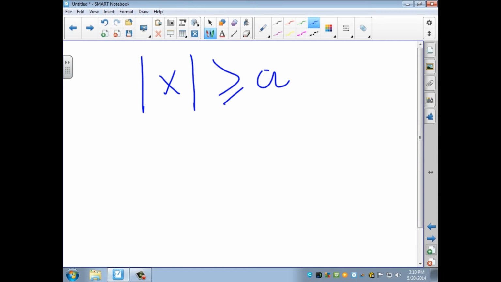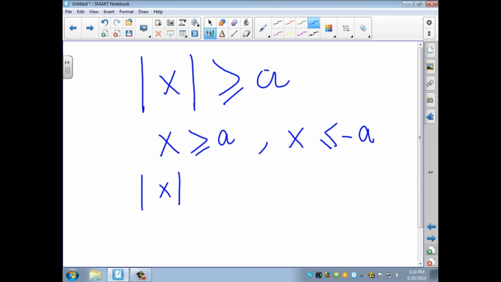If the absolute value of x is greater than or equal to a, that means either x is greater than or equal to a, or x is less than or equal to minus a. Again, as an example, the absolute value of x is greater than or equal to 5.